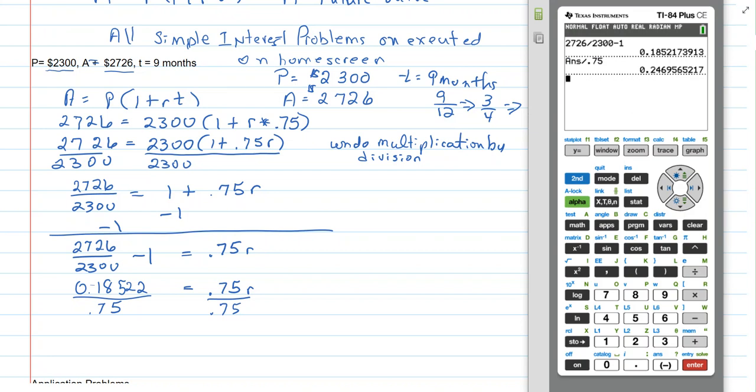Here we go on that. And we'll do 3 decimal places.